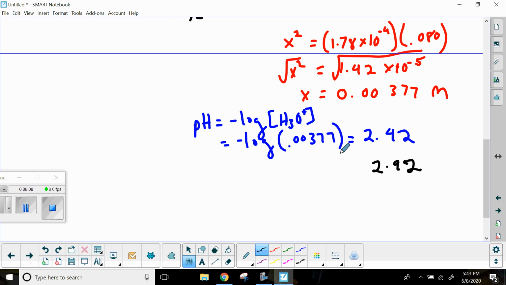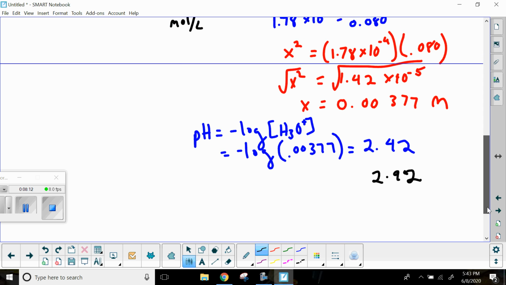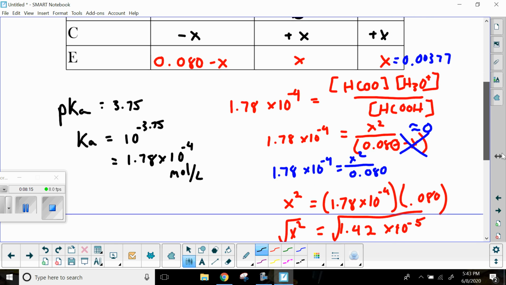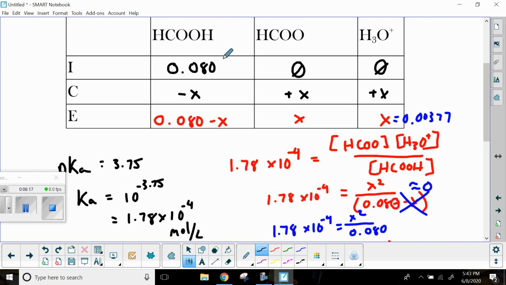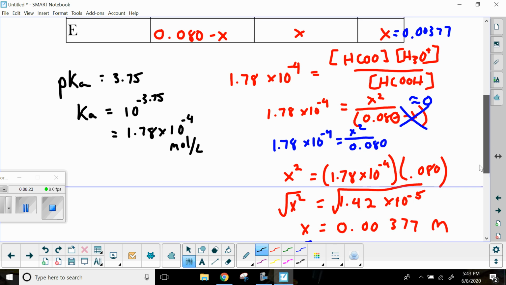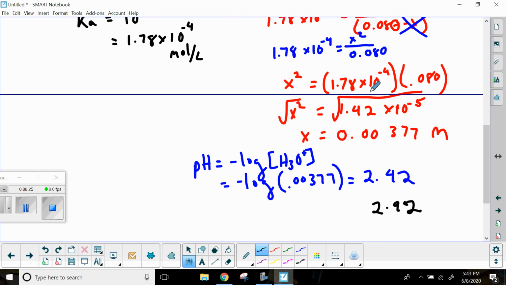We could go back to that 5% rule when we looked at the change in concentration versus the initial. And if we solve for that and find that that was over 5%, then we probably couldn't get rid of the X in the denominator. But in this particular case, we could. It is under 5%, and we're pretty much in the ballpark.